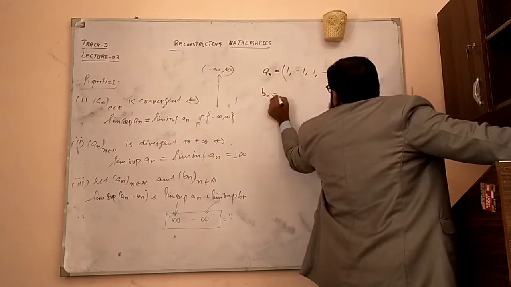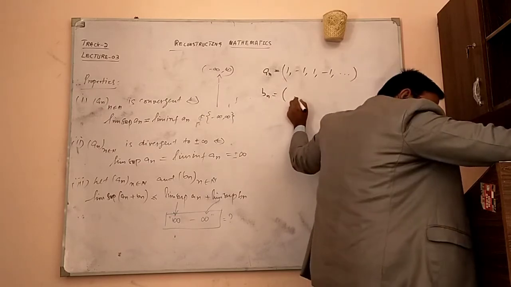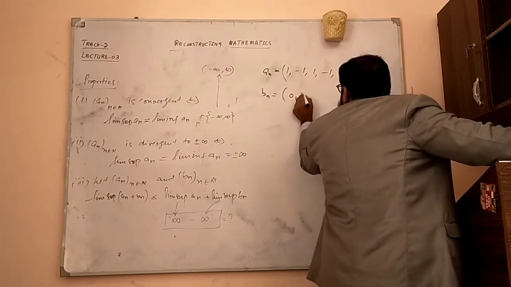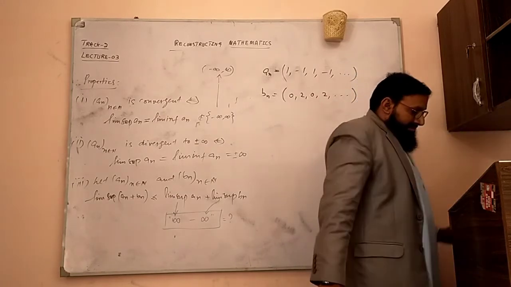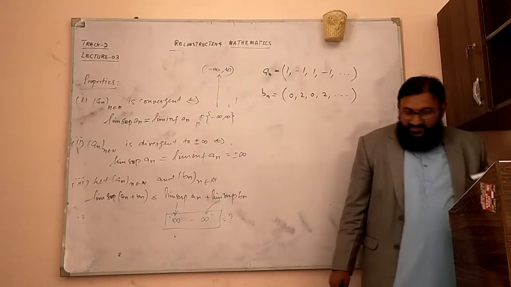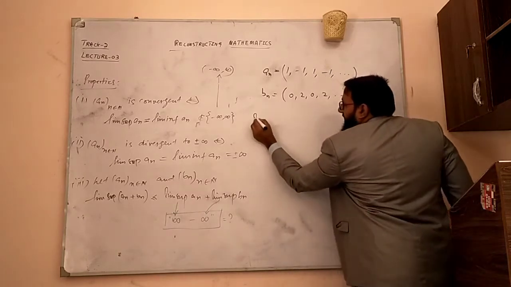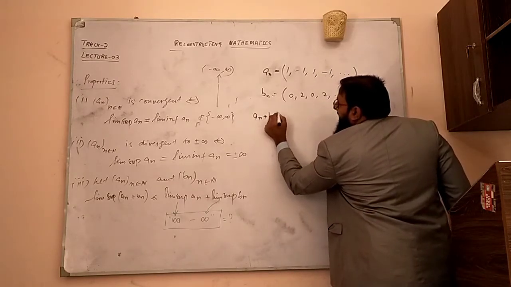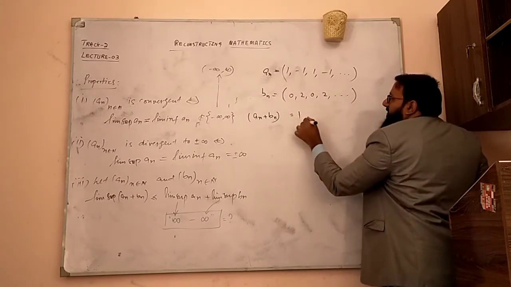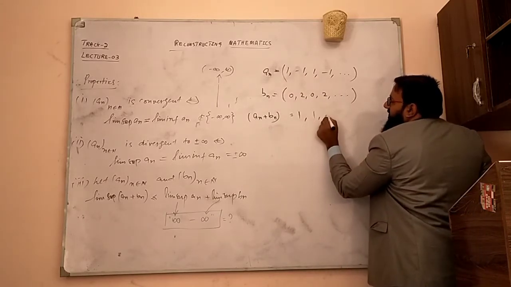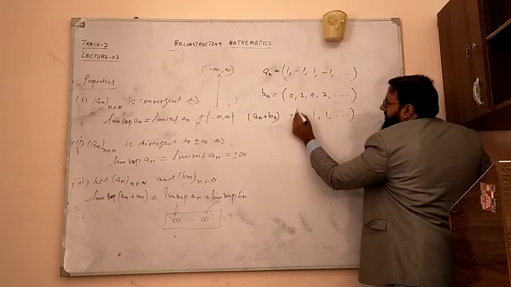And I have bn, which is 0, 2, 0, 2, and so on. What's an plus bn? You add the sequences term by term: 1 plus 0, minus 1 plus 2, and so on.